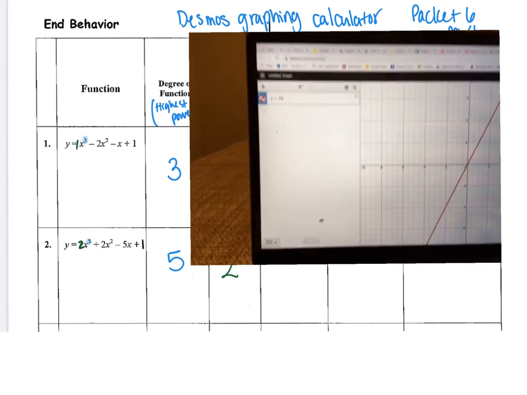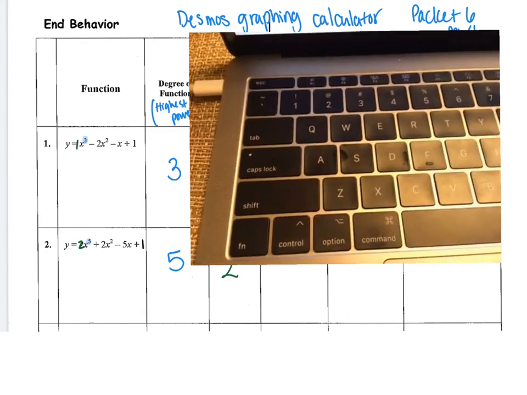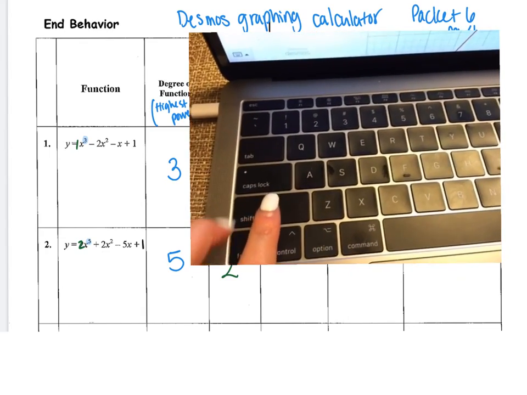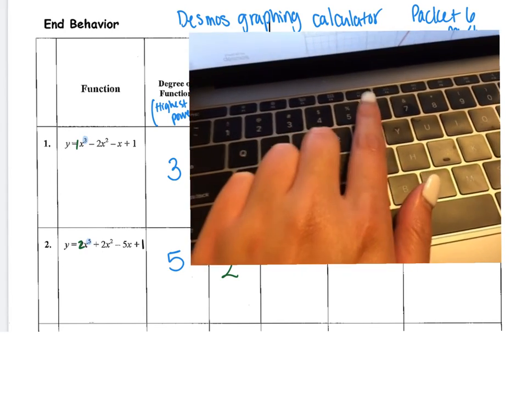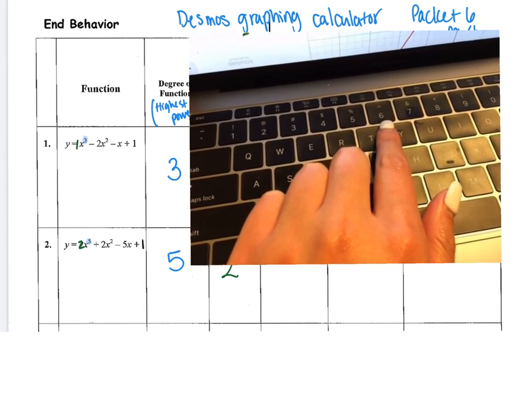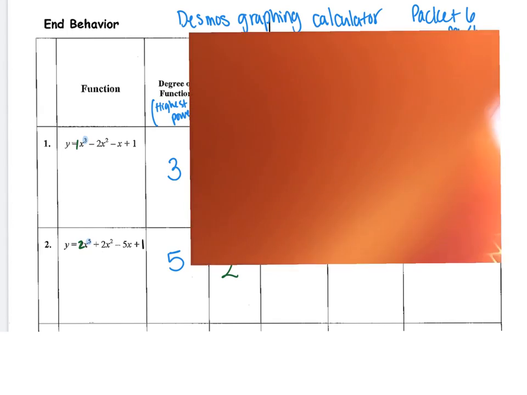To do that, you need the caret button on the keyboard. You have to hit shift and the 6. That's the caret symbol that you see on the calculator, and that's where it is on your keyboard.